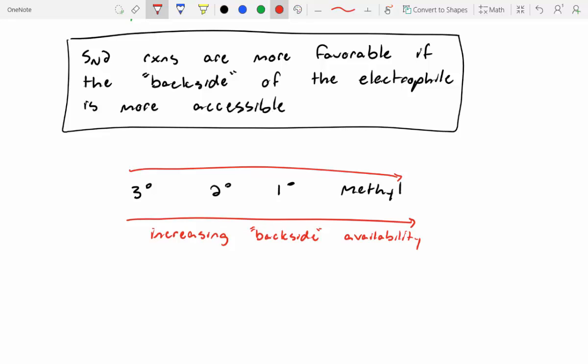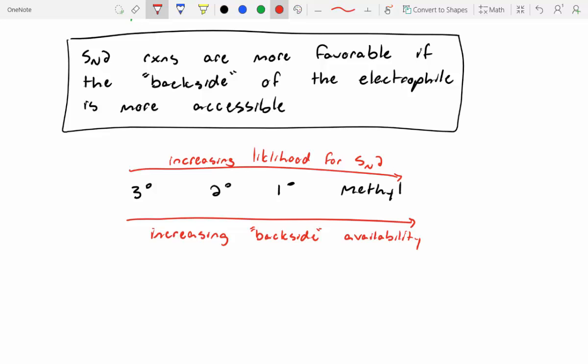That also means we have increasing likelihood for SN2. Does that make sense? We're always concerned with the approachability of that backside.